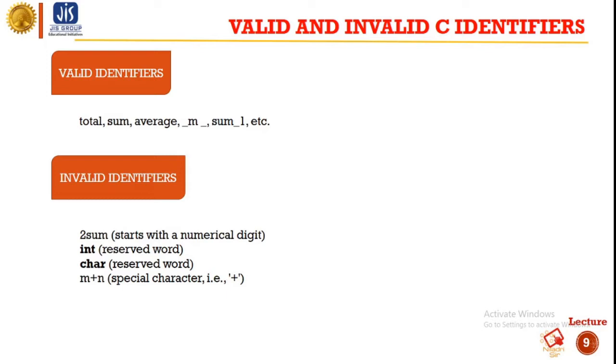The next one is char. Char is also a reserved keyword, used as a data type for character variables. And the next one is m plus n. As we know, only underscore is allowed; any other operators are not allowed. So these are the invalid ones.